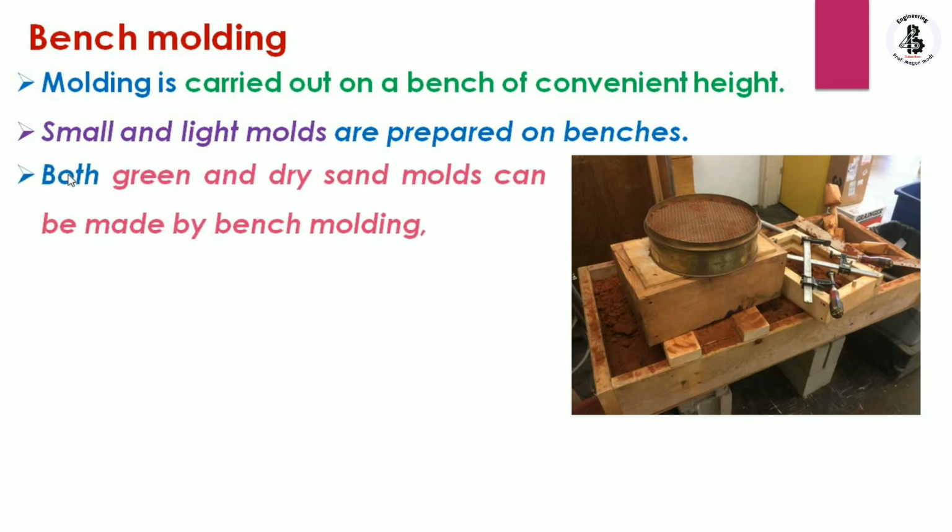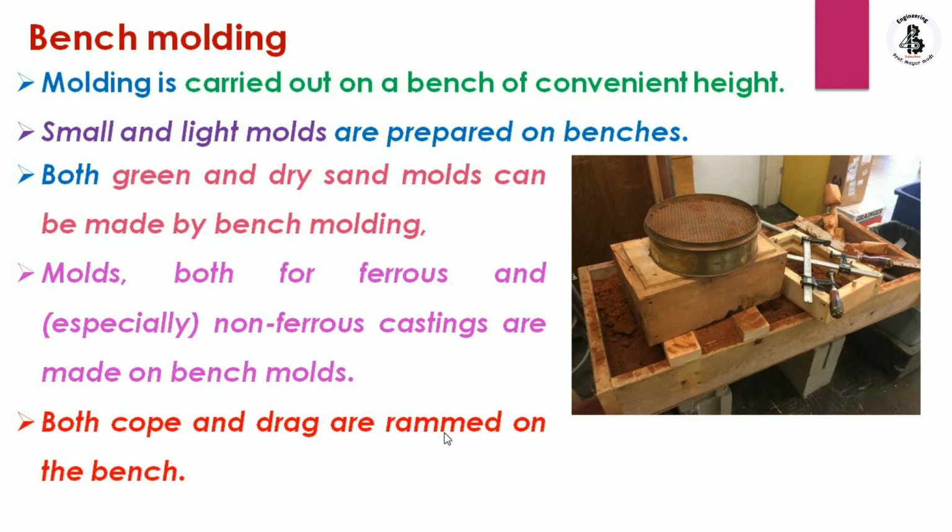The whole process is carried out on a bench, or you can say in a standing position, at a convenient bench height. That's why it is known as the bench molding process. Molds for ferrous castings, and especially for non-ferrous castings, are made in the bench molding process. Both cope and drag are rammed on the bench.